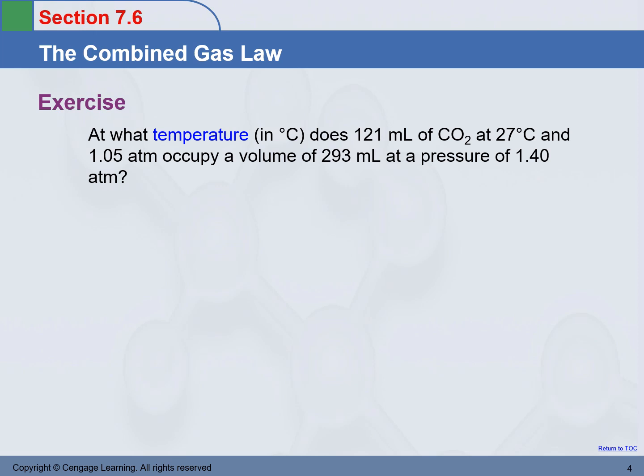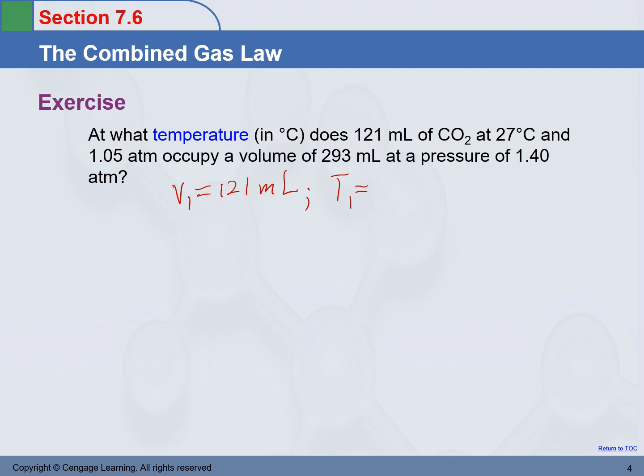Practice. At what temperature in Celsius, so this is asking temperature in Celsius, remember the temperature you get from the gas laws will be in Kelvin, so don't forget that. So at what temperature does 121 milliliter of carbon dioxide at that temperature and that pressure occupy a new volume? All right, so V1 equals 121 milliliter.